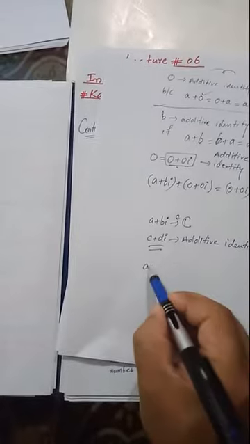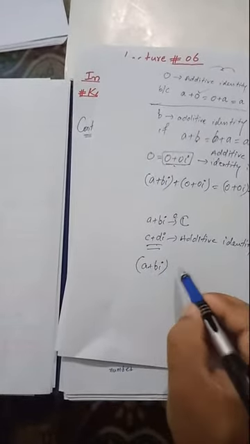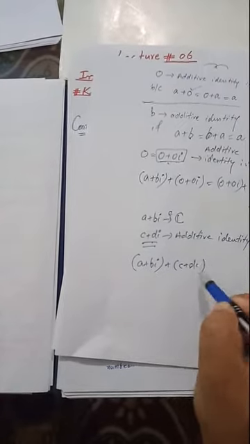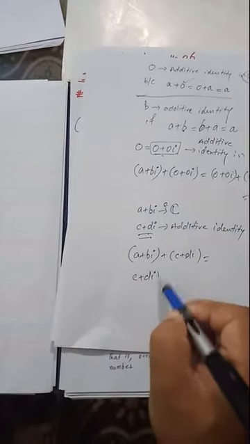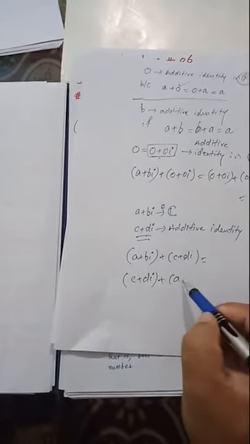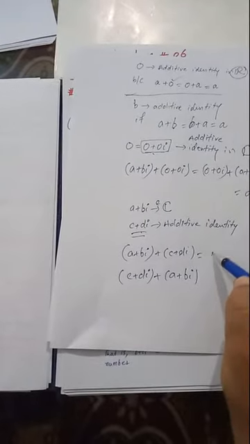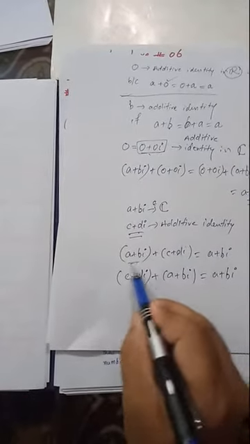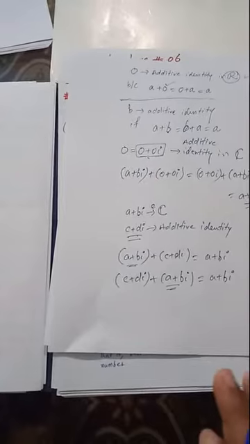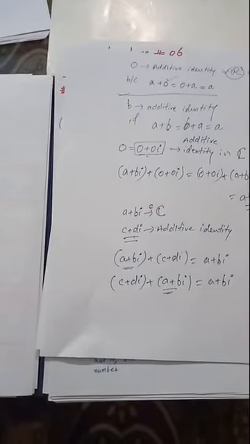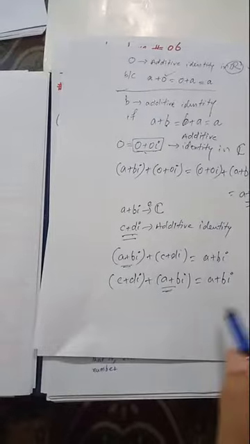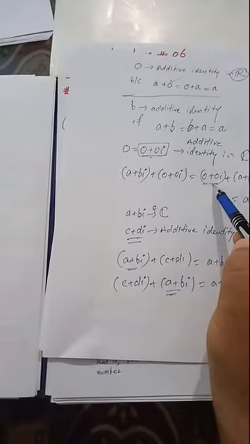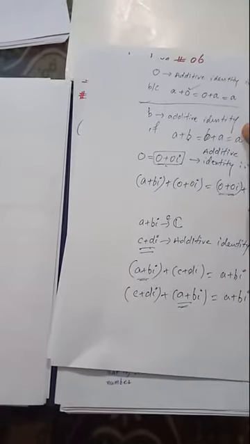Then according to the definition, if I add this additive identity to the right or to the left of my complex number a plus b iota, you will get a plus b iota in both cases, because the additive identity does not change the given number to which it is added. So this is the definition of additive identity. For the case of complex numbers, the additive identity is 0 plus 0 iota.